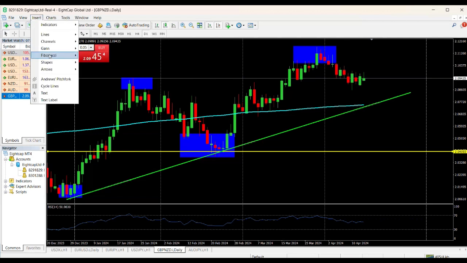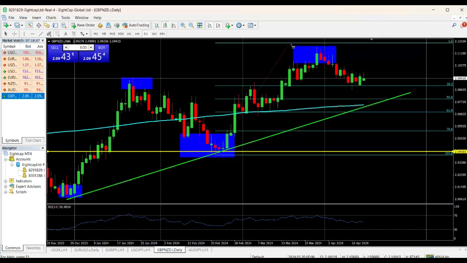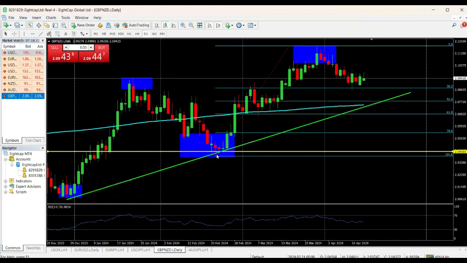So all you gotta do is grab the Fibonacci retracement and place it from the previous structure, which is the higher low, all the way to the most recent high, which is 100% to the 0% Fib retracement, because the Fib retracement is pretty much telling you when it is a good time to actually get in.